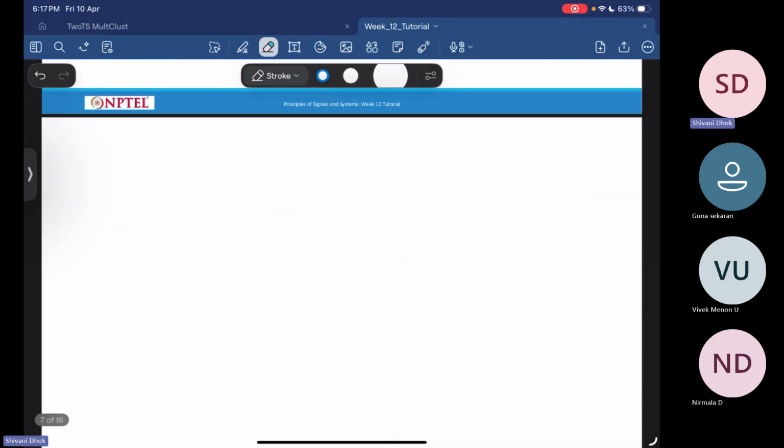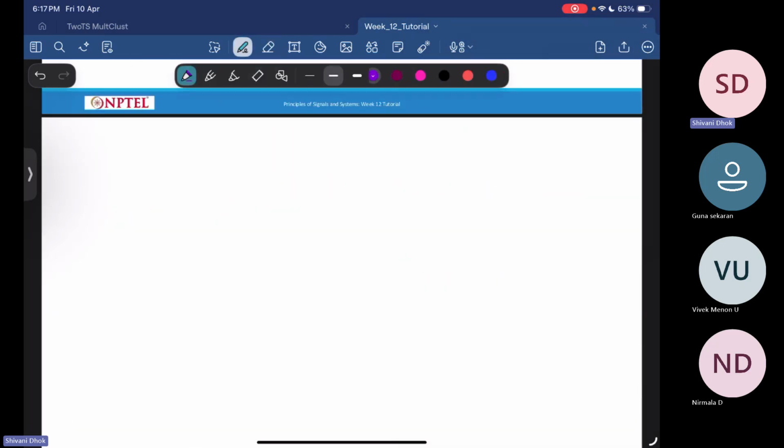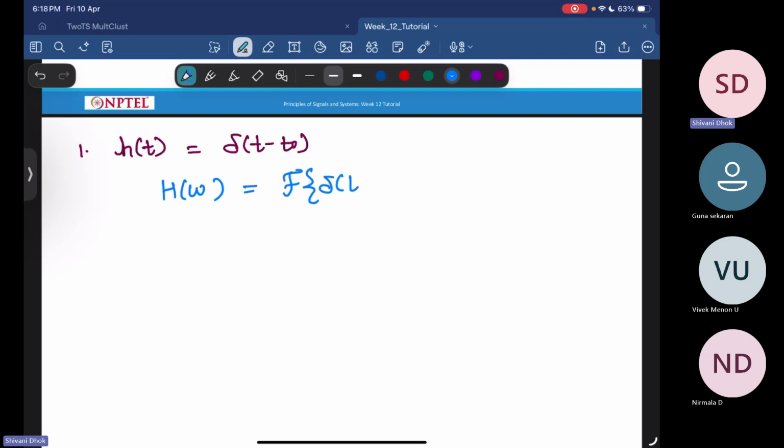So the first system given to us is h of t equal to delta of t minus t naught. And the Fourier transform of this signal, delta of t minus t naught, we have seen multiple times.